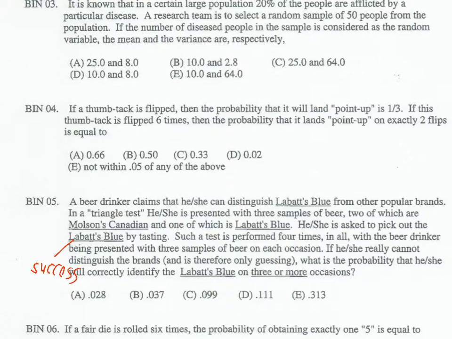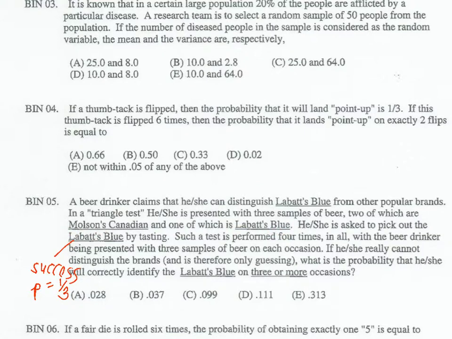The chance of seeing a success is P equals 1 in 3, because there's 3 bottles and only one of the 3 is Labatt's Blue. Okay? That's what it says here.